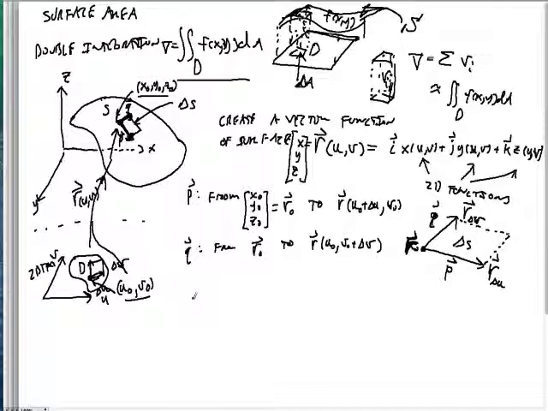So delta s, the area of the surface patch, we're going to be able to get it by, so any two vectors, if we think of the patch that's formed by P and Q, so P and Q form a parallelogram.